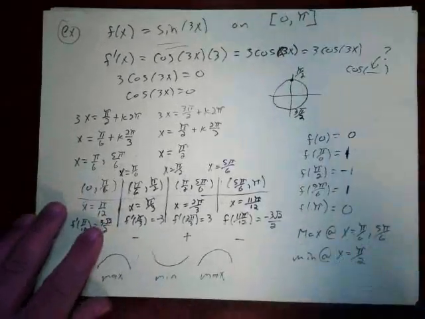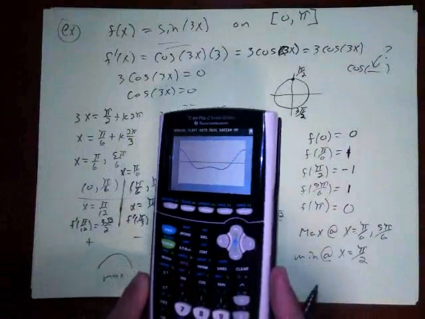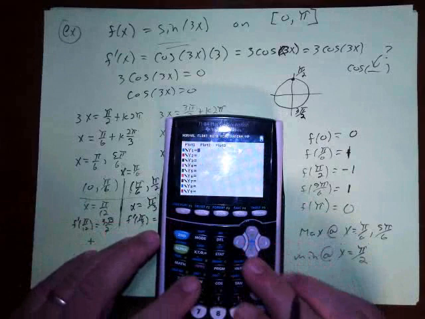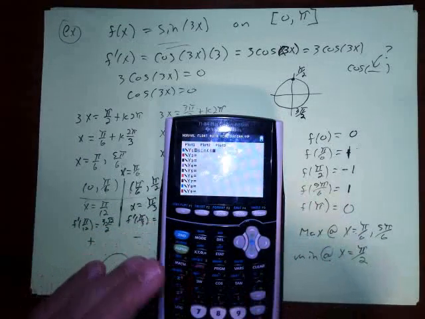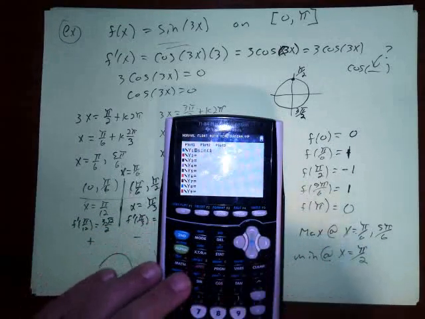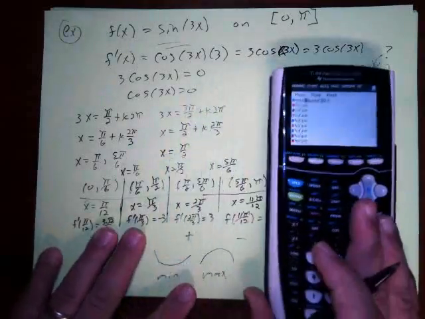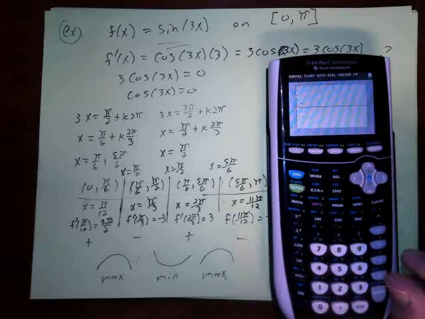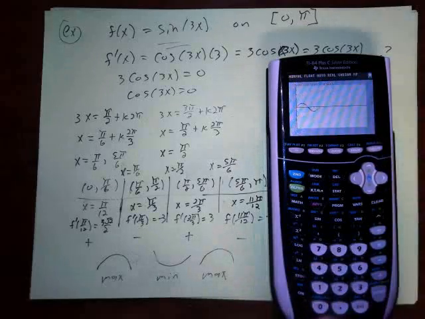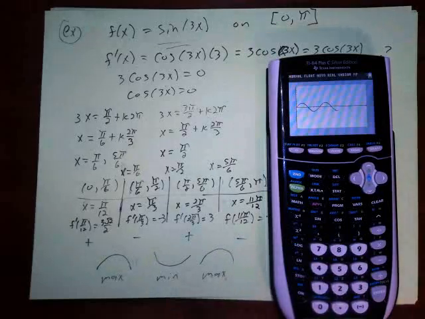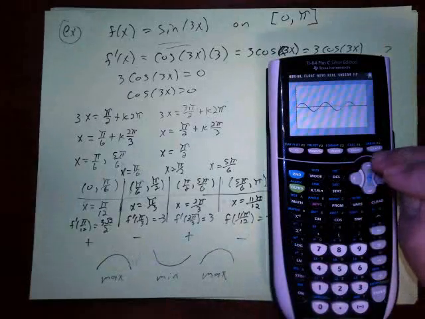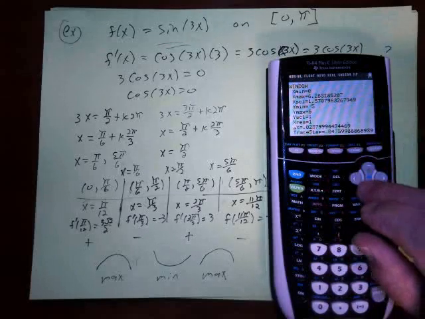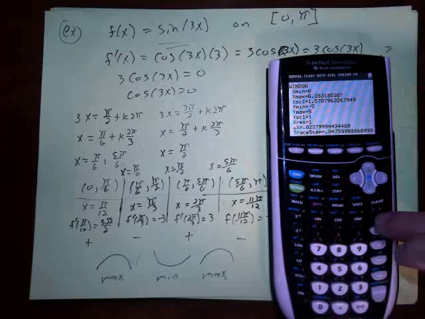Okay, so now we can graph this and just verify that. So sine of 3x, let's see if I can get it here. Oops, and what I want to do is I want to get that over the interval 0 to pi.